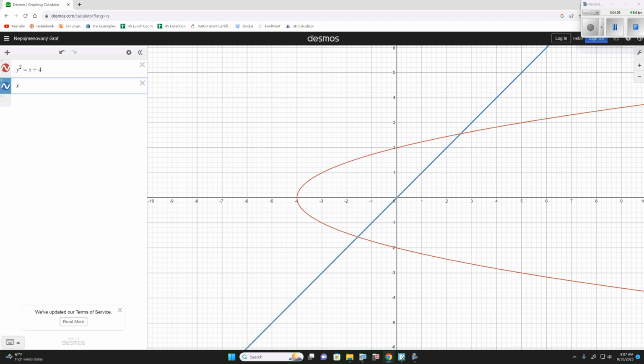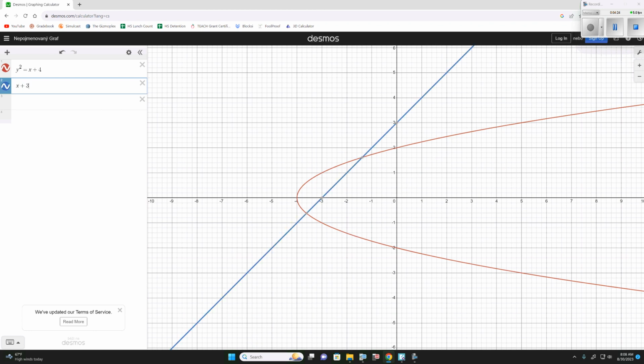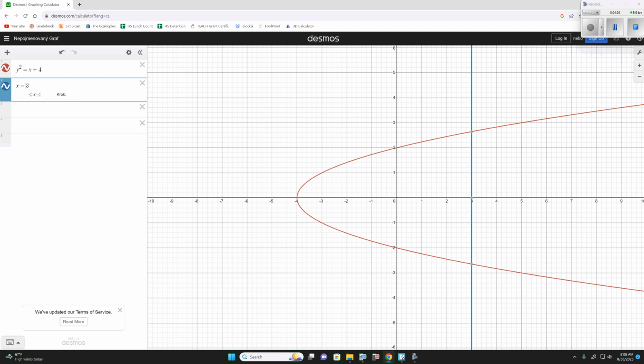Let's try x equals 3. Does it cross the graph at more than one spot?